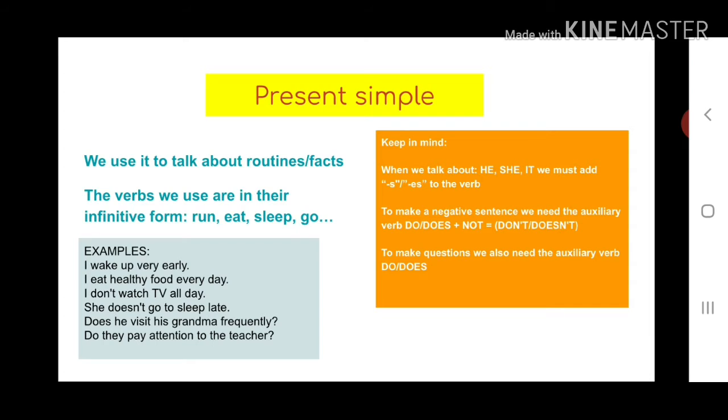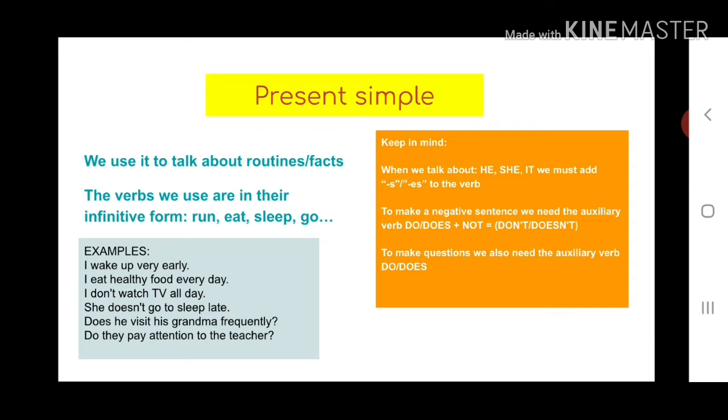To make a negative sentence, we need the auxiliary verb do or does plus not, which changes into don't or doesn't. To make questions, we also need the auxiliary verb do or does.